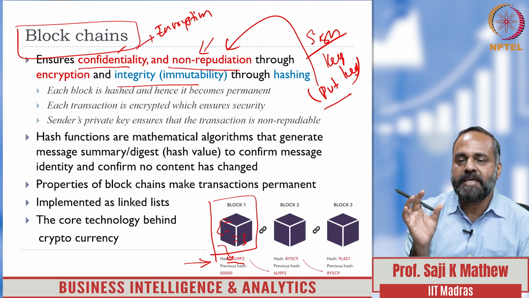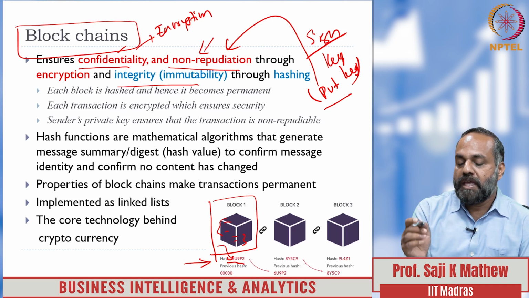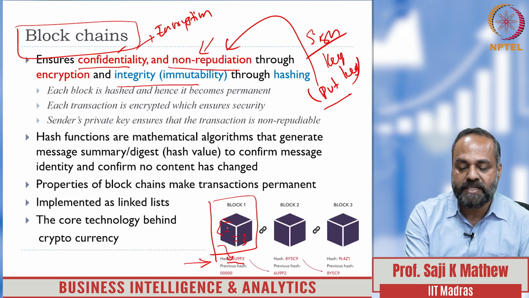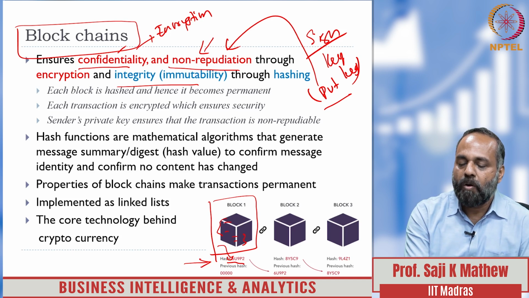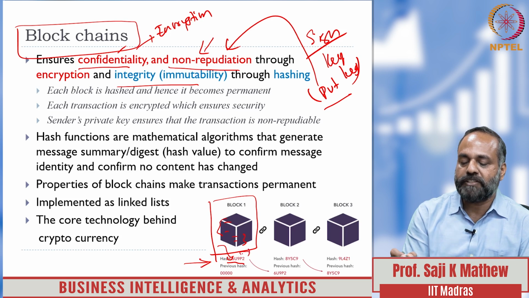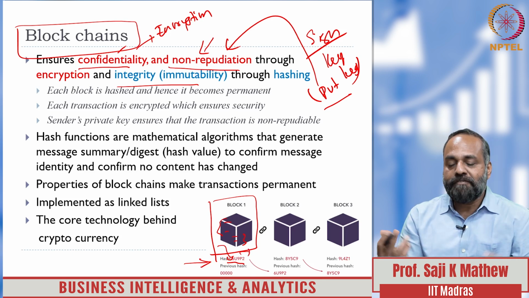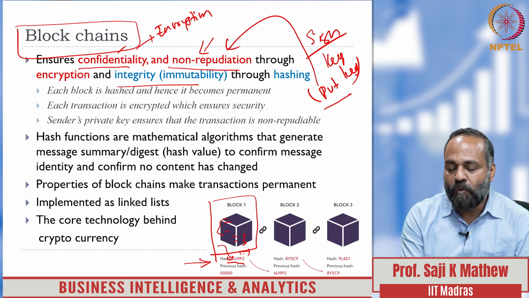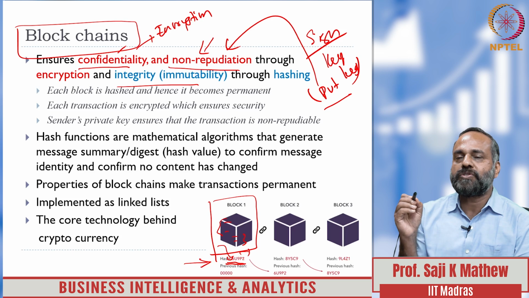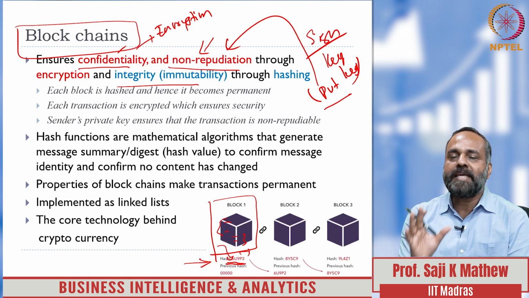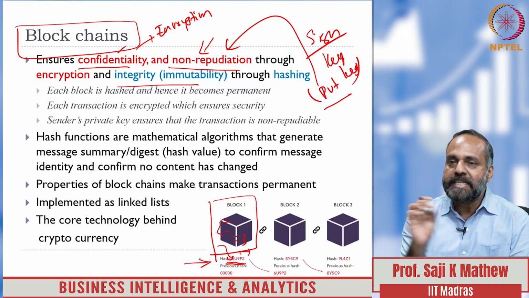Once the hash key is produced, if you try to make any change, even one bit of a change in the transaction in the ledger, the hash key will change. And the new hash key can be totally different from the original hash key. So once the hash key is produced, the transaction is completed and it is sealed forever, because the key once produced becomes the final seal.